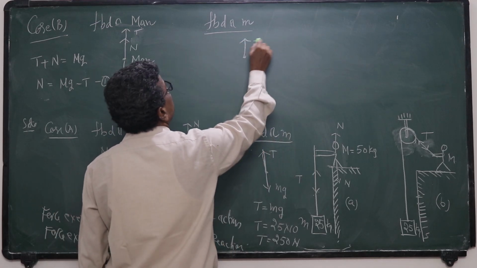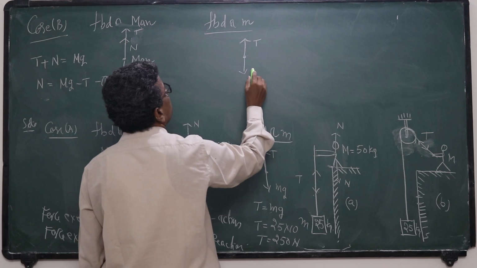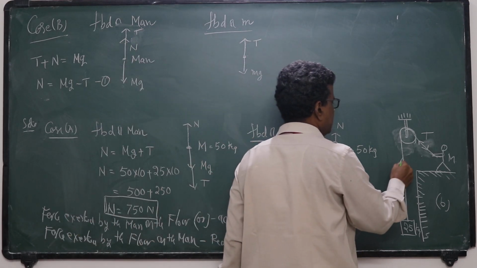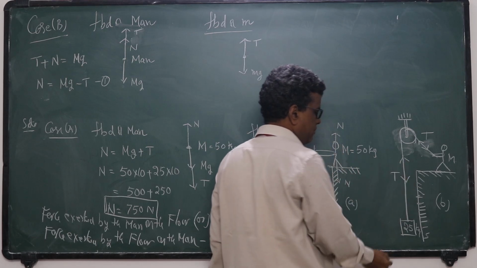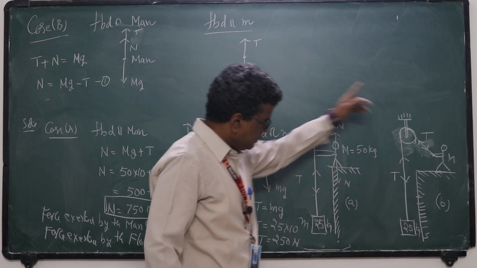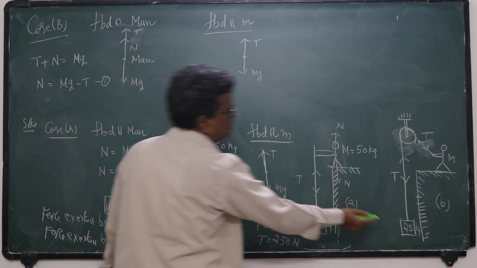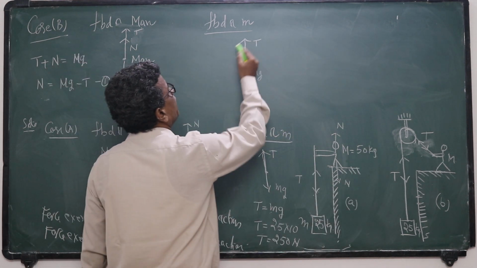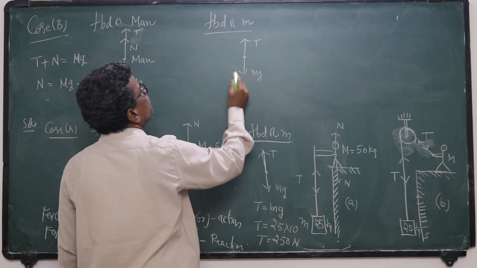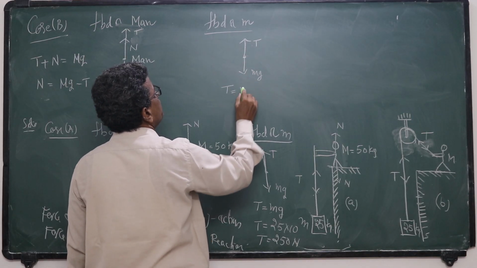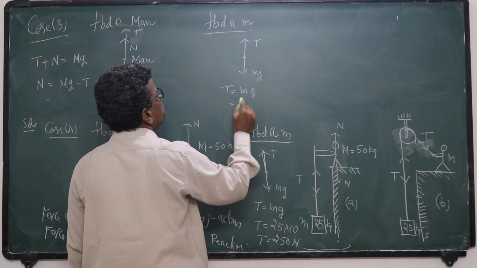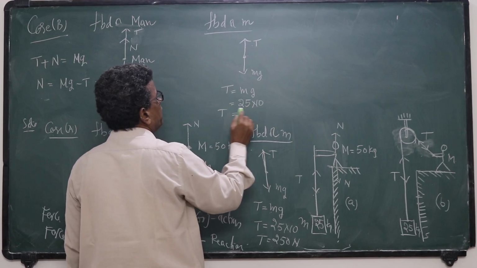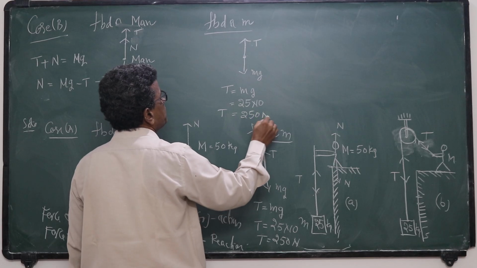So tension T, so it is small mg. Okay, so this is the tension in this string, let it be T. Okay, so it is rising up. So slowly it is rising up without acceleration. Okay, so acceleration is 0 since T is equal to mg here. T is equal to mg. What is mg? 25 into 10, that is 250 newtons.